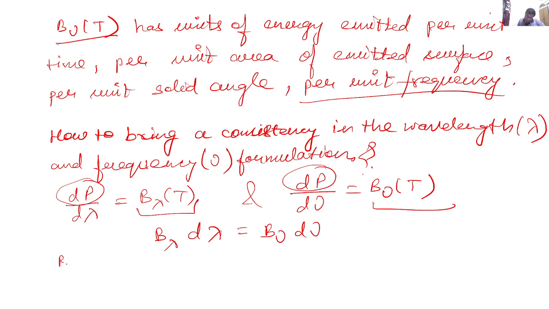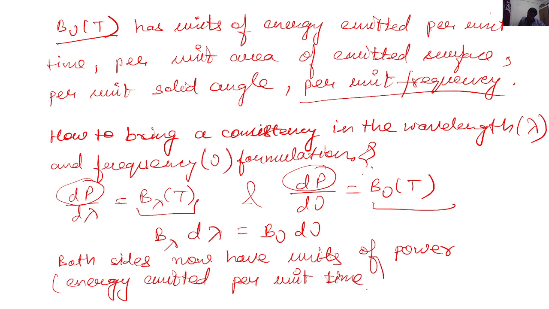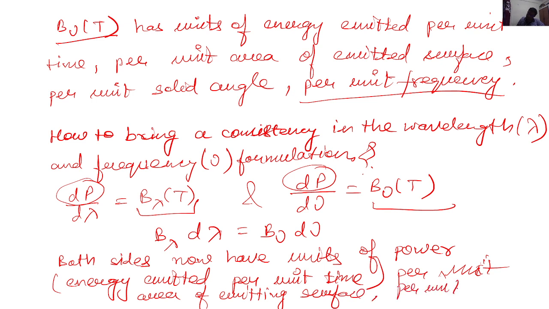Now both sides now have units of power. Power is nothing but energy emitted per unit time, joules per second, per unit area of emitting surface, per unit steradian or solid angle.